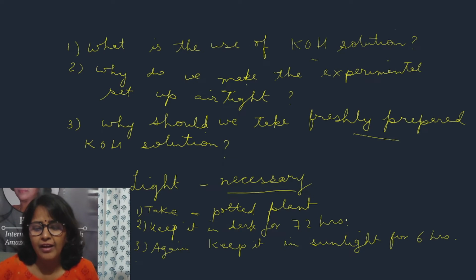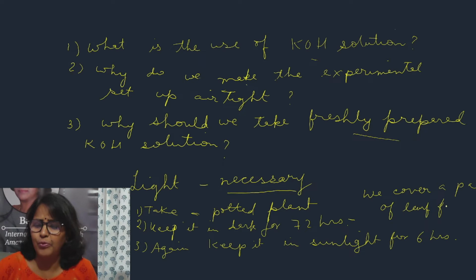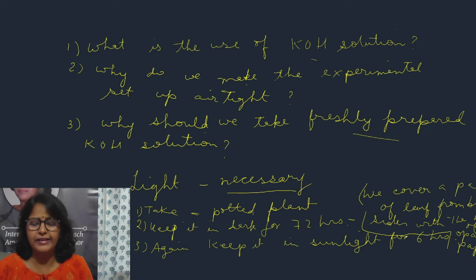Before putting it in sunlight, we cover a part of the leaf from both sides with the help of opaque paper. This is the step that we do before keeping it in sunlight.